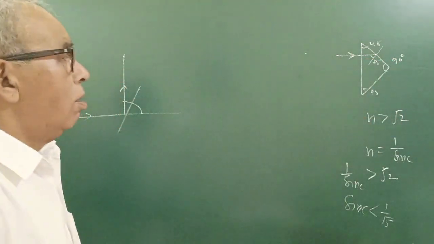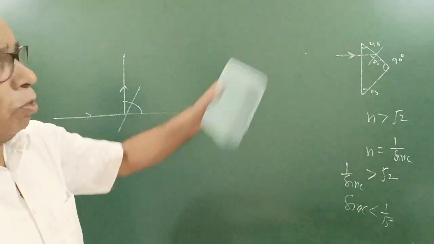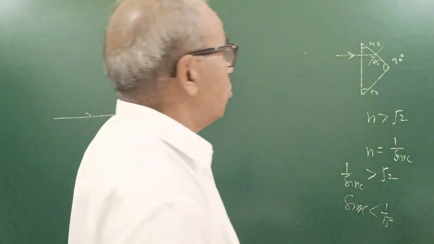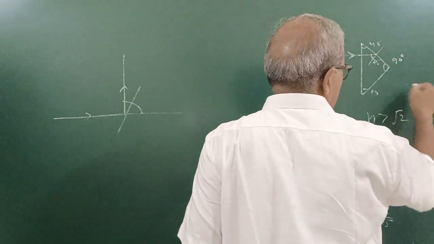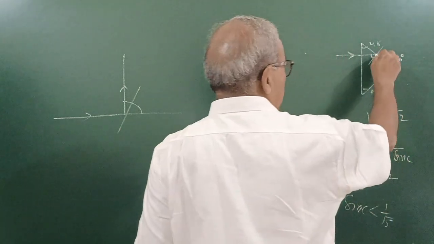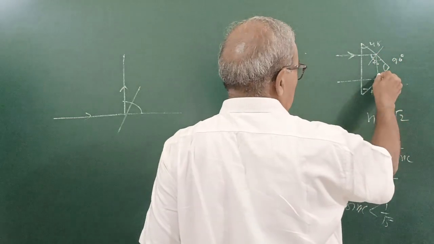You know for glass it is 1.414. So this angle of incidence is more than the critical angle, so it will reflect back and again here like this.